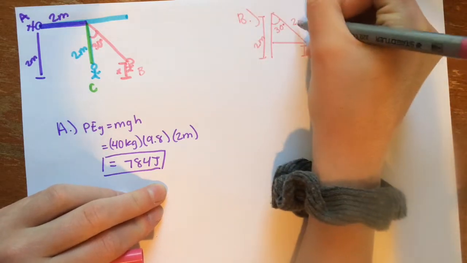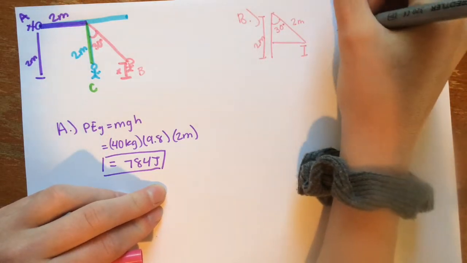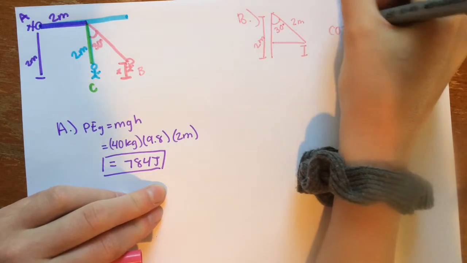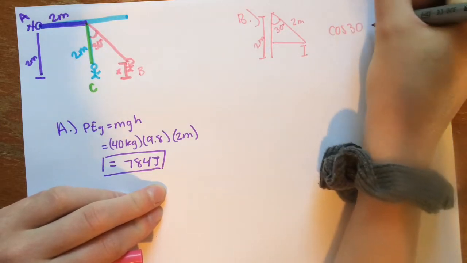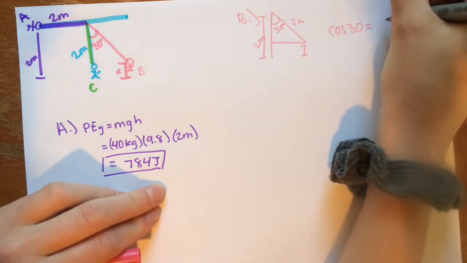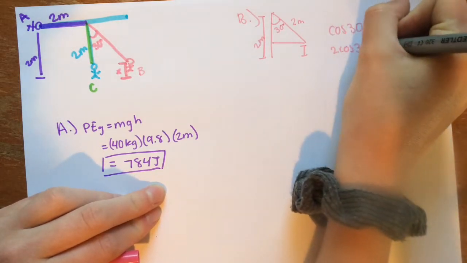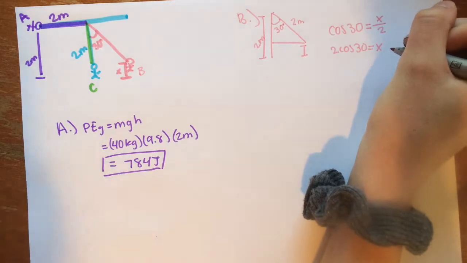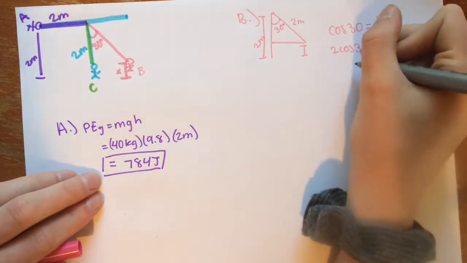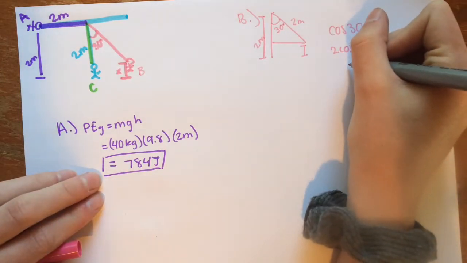So to find it, we're going to use the cosine formula. Cosine of 30 degrees equals adjacent, which we'll label x, over the hypotenuse of 2 meters. And when you solve for x, it equals 1.73 meters.